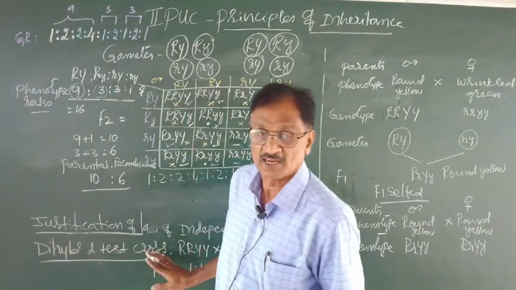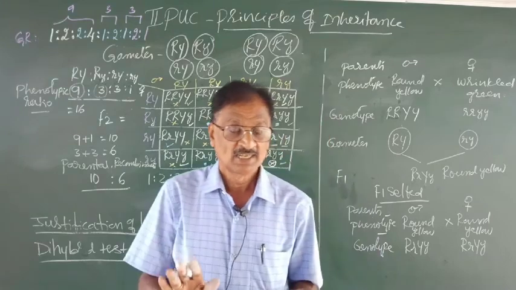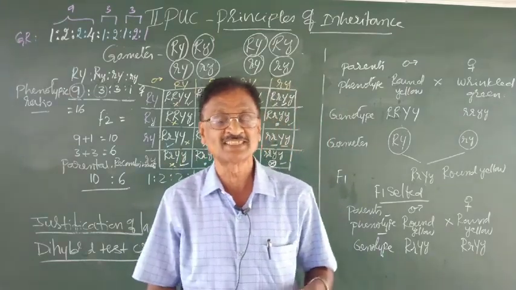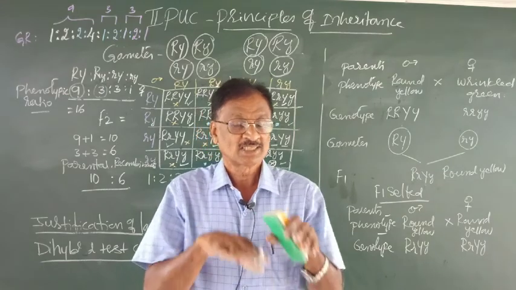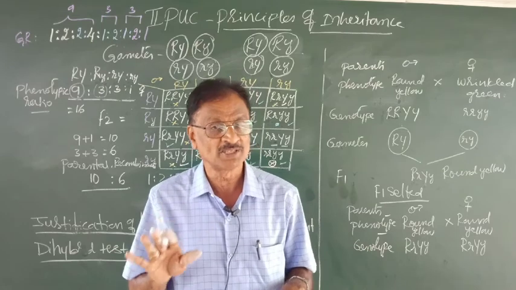The law of independent assortment, which states that the factors controlling two or more pairs of contrasting characters separate or assort independently of each other during gametic formation.